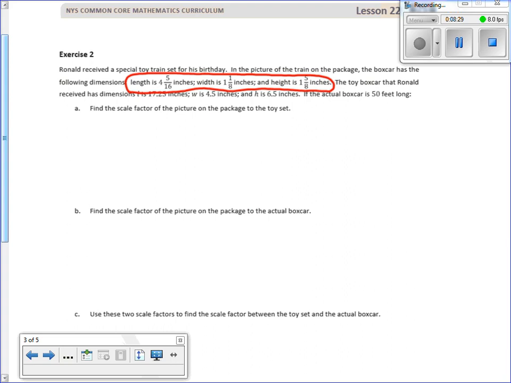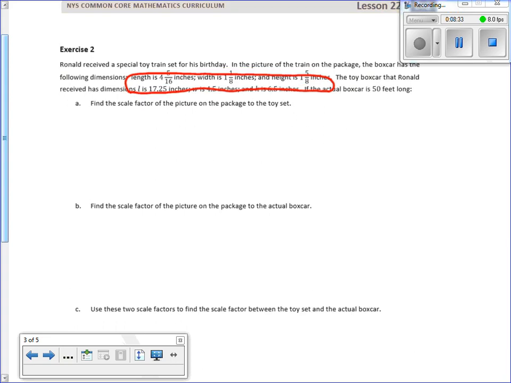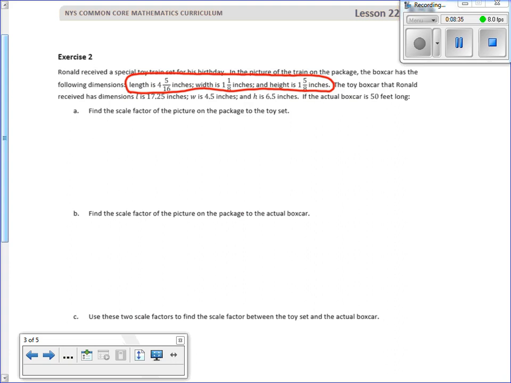The toy boxcar that Ronald received had dimensions of a length of 17.25 inches, width of 4.5 inches, and a height of 6.5 inches. Okay? That's the actual toy.